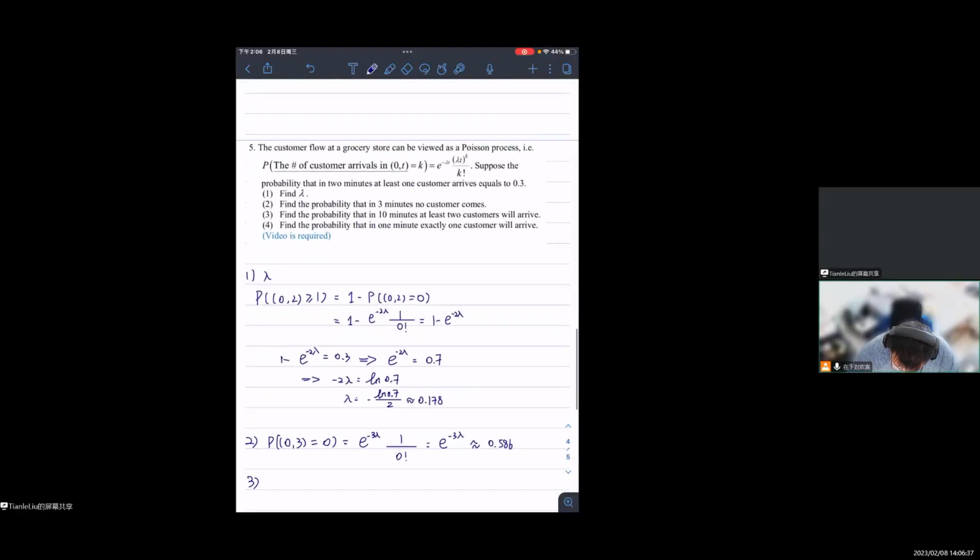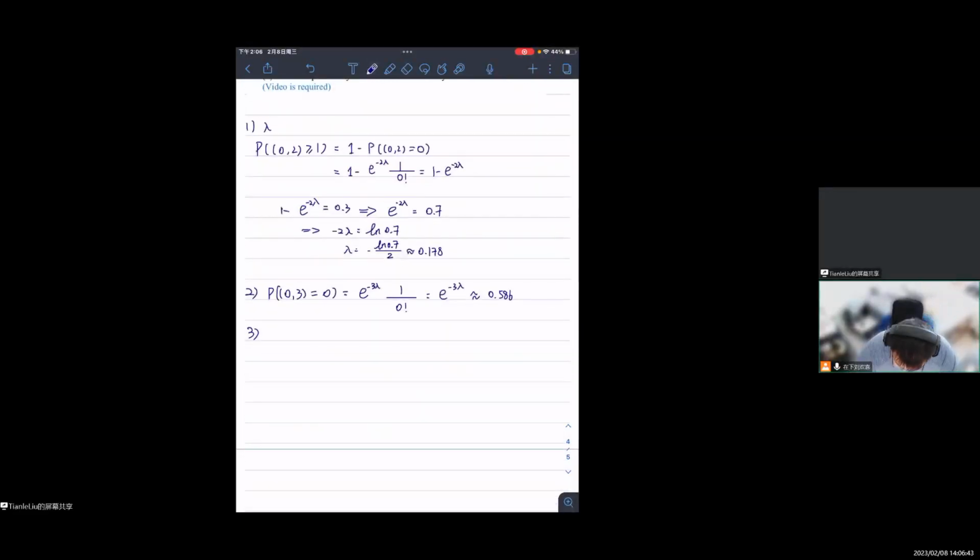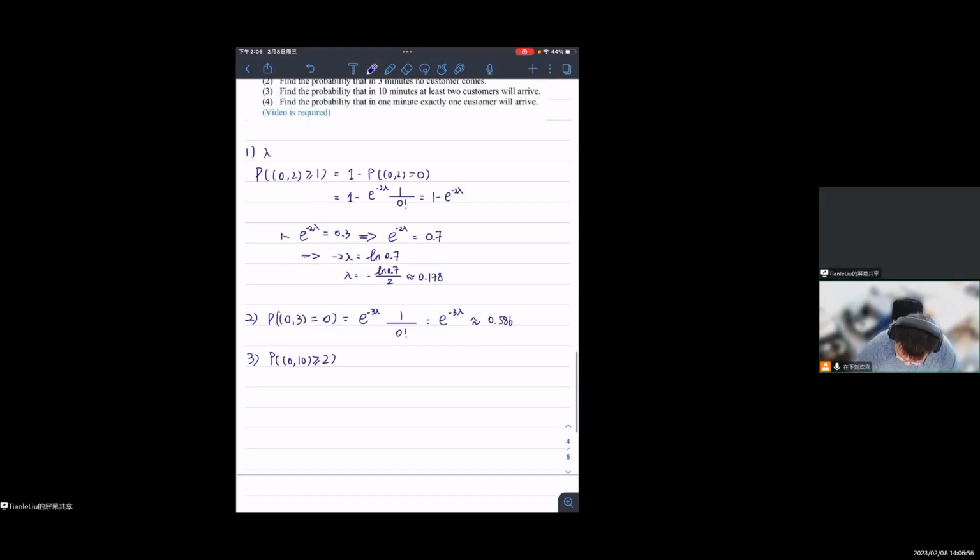Now find the probability that in 10 minutes at least 2 customers will arrive. So just list it out. We have t equals 10, and we need k greater than or equal to 2.